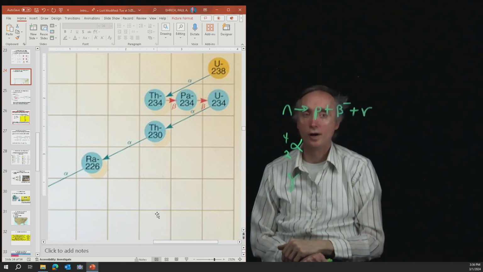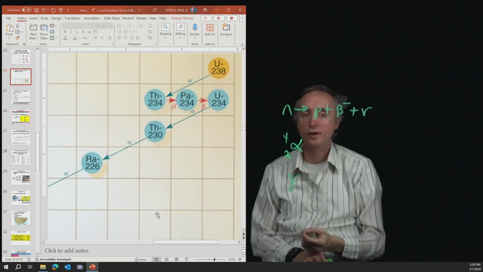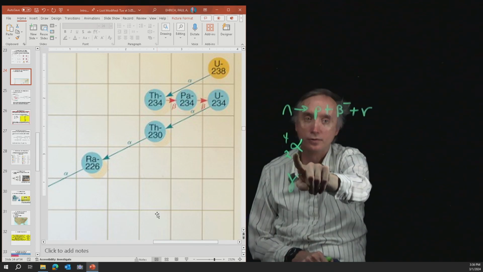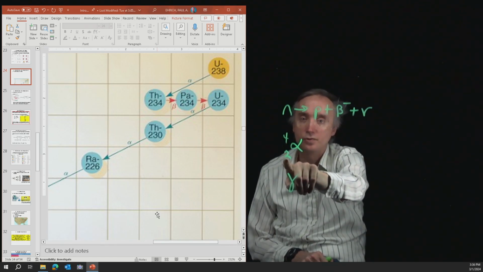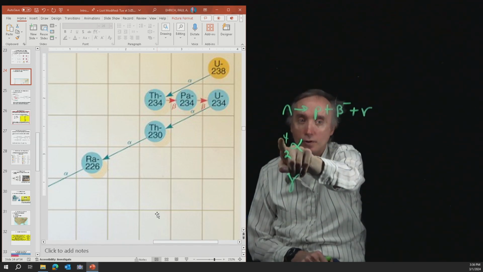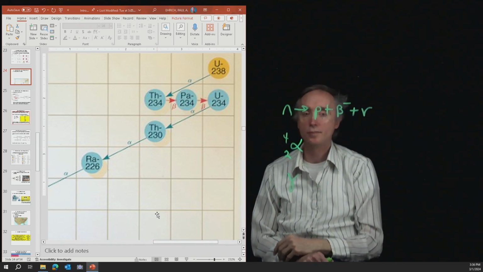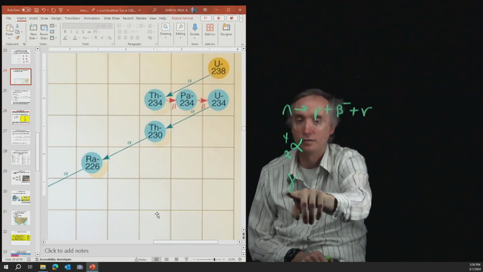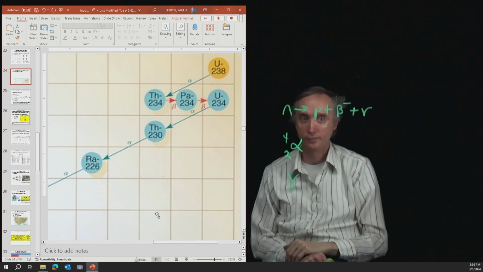Another way that it can get rid of energy is by emitting the alpha particle, which was two protons and two neutrons. So 2 plus 2 makes 4. And the third mechanism was by just emitting energy in the form of a gamma ray.